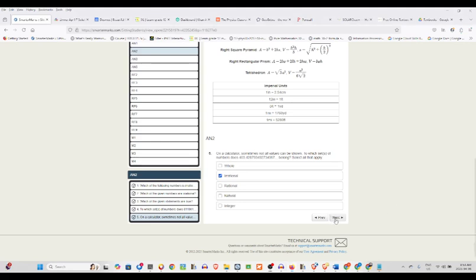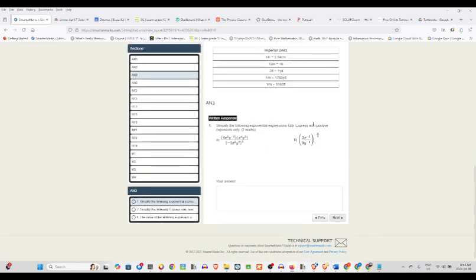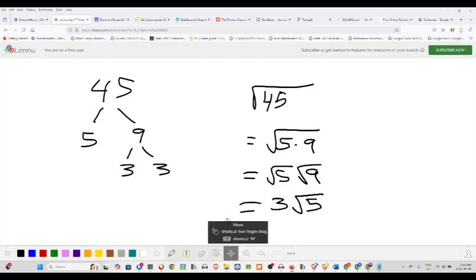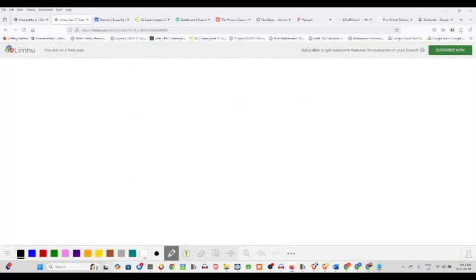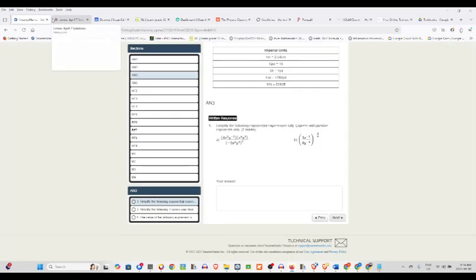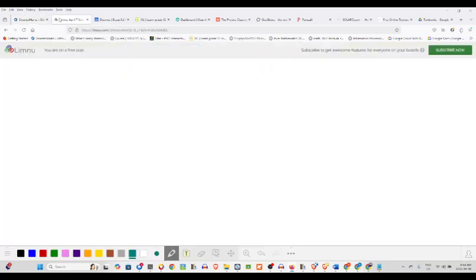All right, moving on to algebra and number 3 about exponent rules. We want to simplify the following exponential expressions fully with positive exponents only. So let's recopy these and do them on the whiteboard. So our first one, we have 4x cubed y to the negative 2 in the first set of brackets.